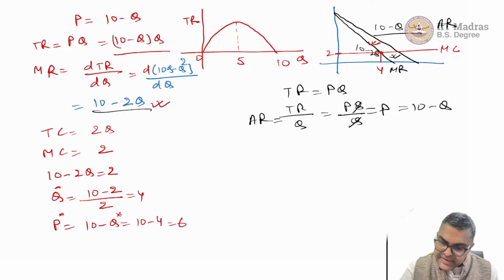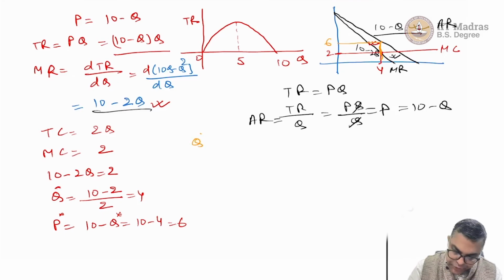And this is the way you have to see it: if the quantity that the monopolist is selling in the market is 4, how much are buyers willing to pay per unit? You have to go back to the demand curve, and they are willing to pay 6. Okay, so equilibrium Q star, P star is coming out to be 4 comma 6.